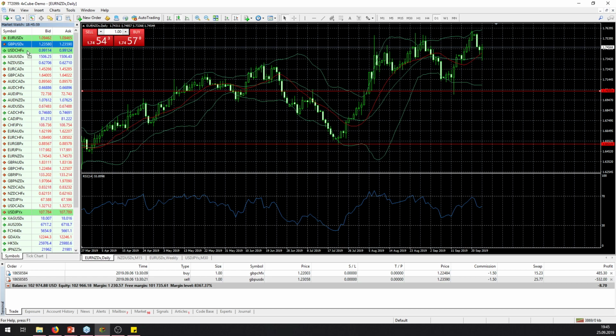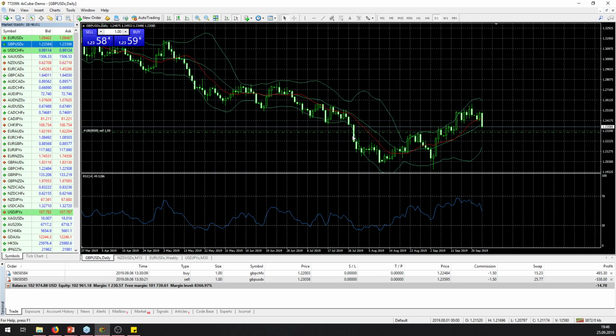All right, let's try cable or GBP USD again on a daily time frame. Bollinger Bands, moving average, relative strength index. Let's have a look.